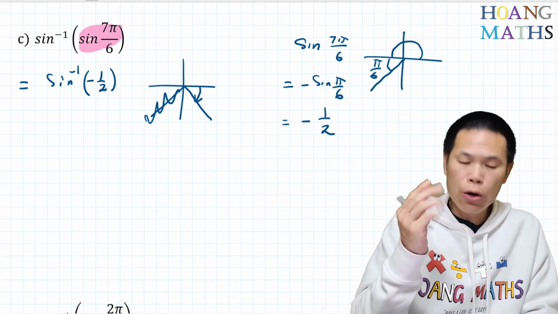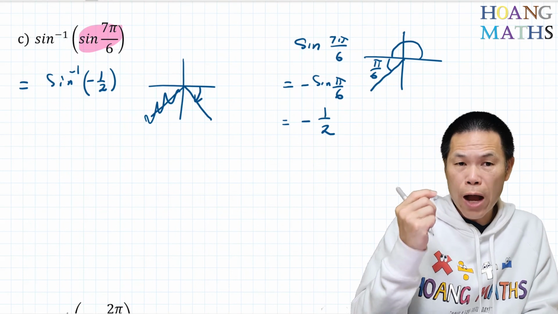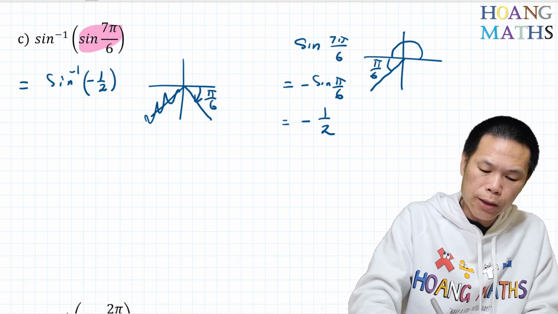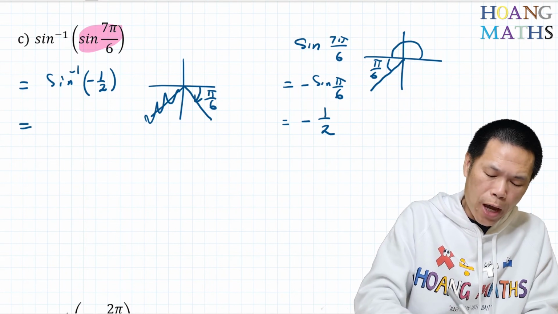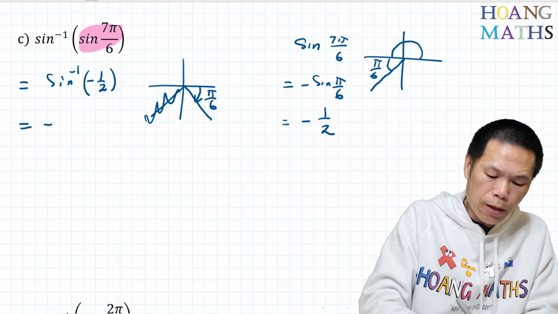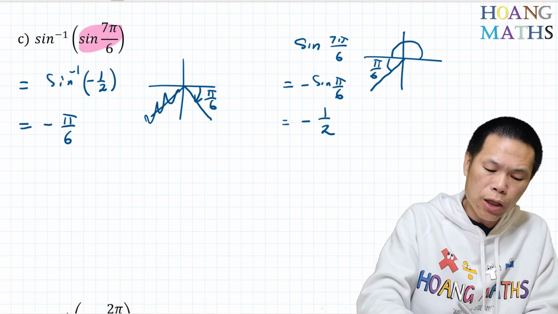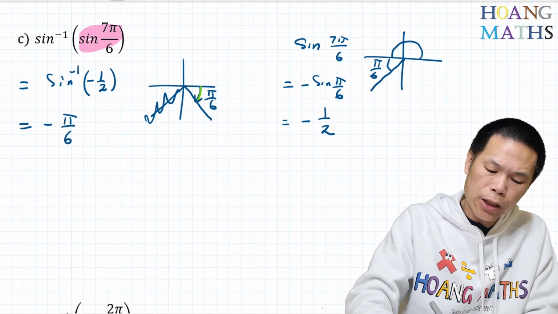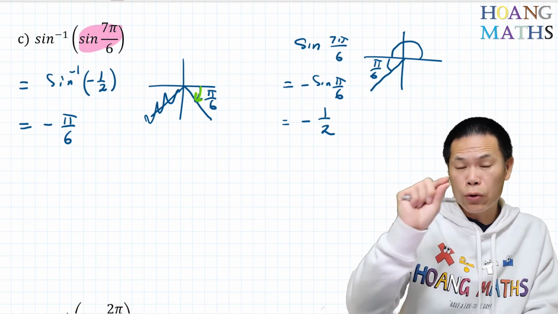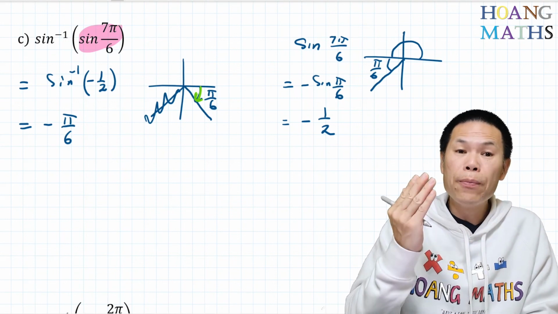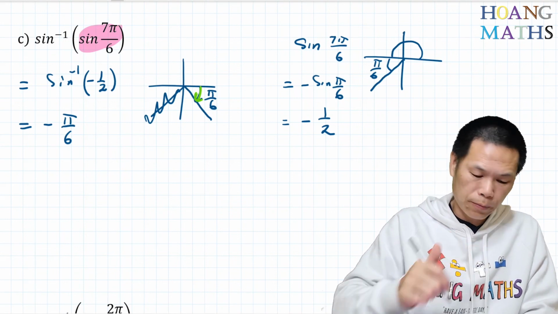We know that inverse sine of a half is equal to pi over 6. So the angle will be negative pi over 6. Don't forget, it's measured from the positive axis and goes until you hit the line. That's the angle, and because it's going clockwise, the answer should be negative. So the answer is negative pi over 6.